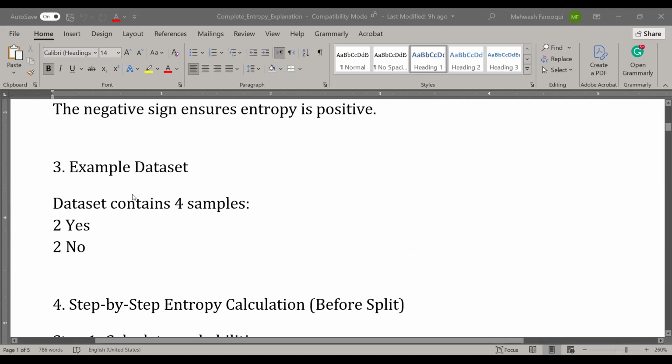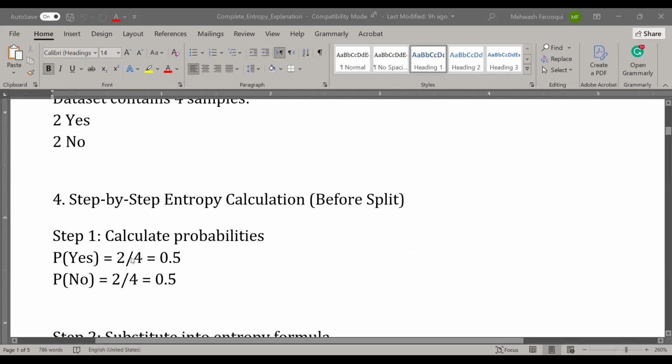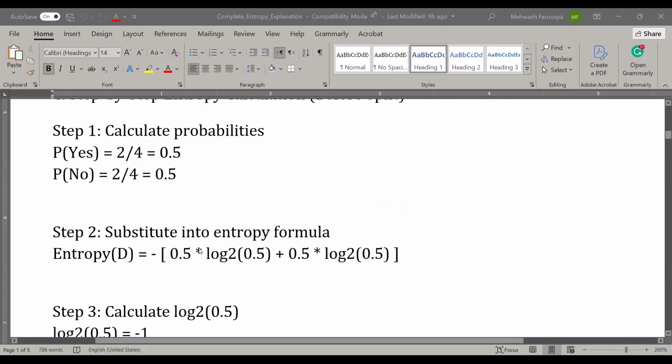So these are the example data sets. Suppose I'm taking the same example which is in the slide, but in detail here. The data set contains 4 samples. The first sample is 2 yes and 2 no. So step by step we will calculate the entropy. Before split, the probability of yes is 2 upon 4, and the probability of no is 2 upon 4. So we put these values here.